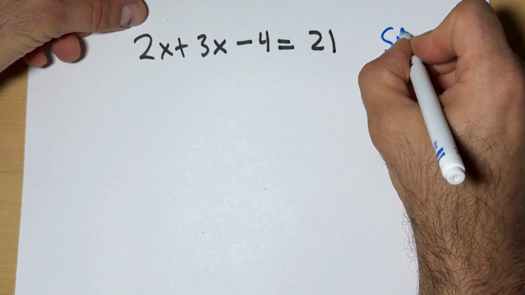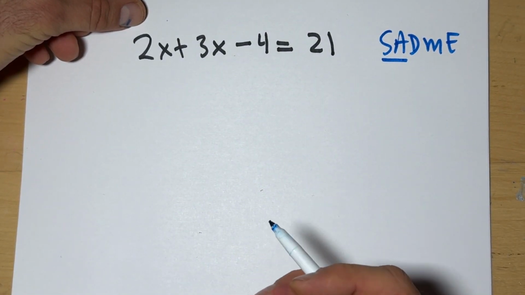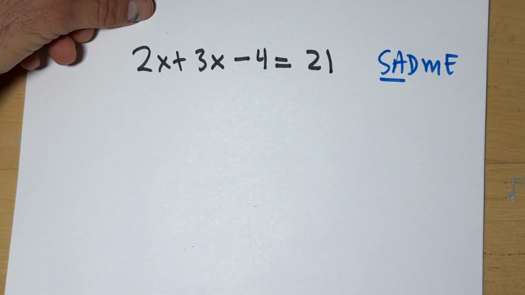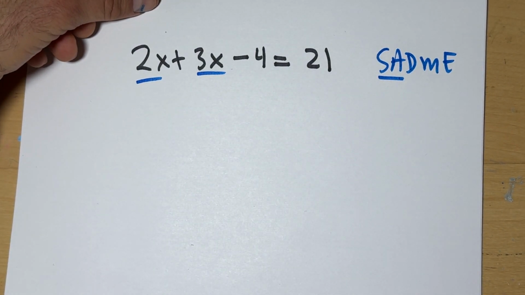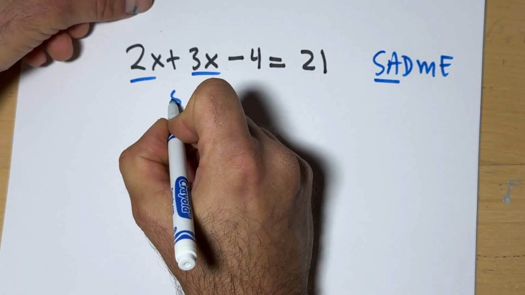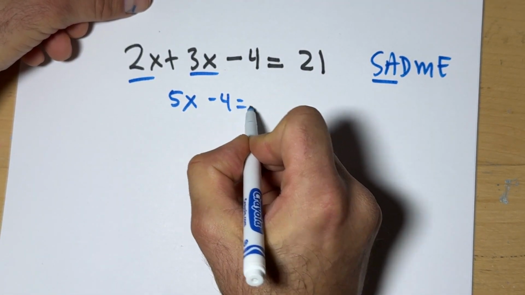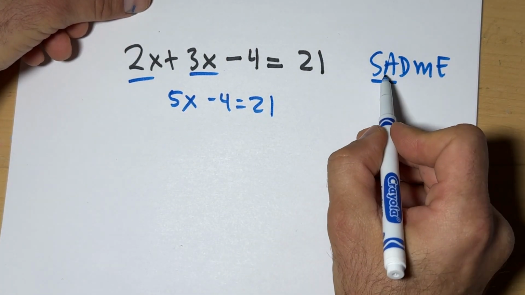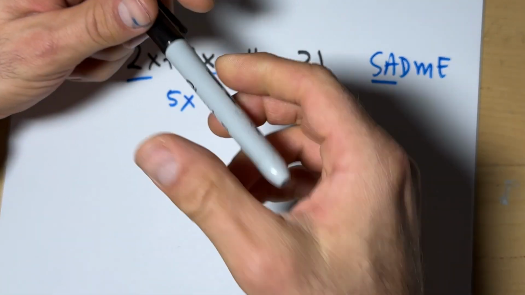Then we look at SADME. So let's look at the adding and subtracting and see, are there any terms we can add together or collect like terms? 2x plus 3x are alike. They're both x values. 2 times x and 3 times x means we have 5 times x. Minus 4 equals 21. Now let's look, is there any more adding and subtracting? Oh, there's a minus 4.